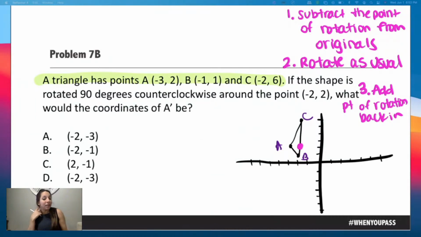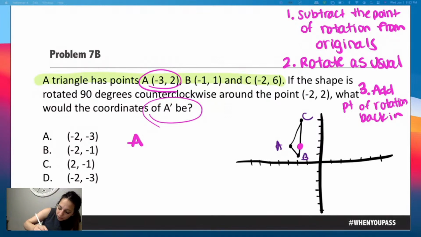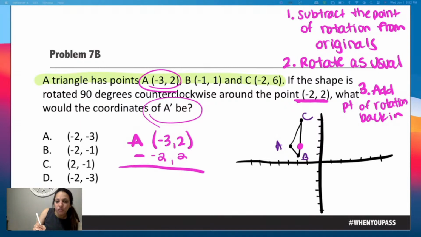So I'm only going to do this with point A. Why? Because point A is the only one they're asking for. So I'm going to take point A, -3, 2, and I'm going to subtract this from my original. So I'm going to subtract -2 and 2. -3 minus -2 becomes a positive, so that actually equals -1. 2 minus 2 equals 0.